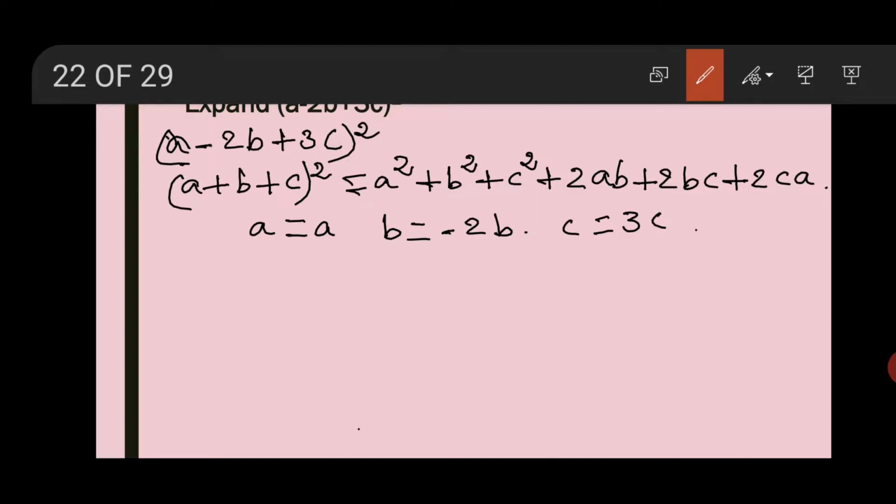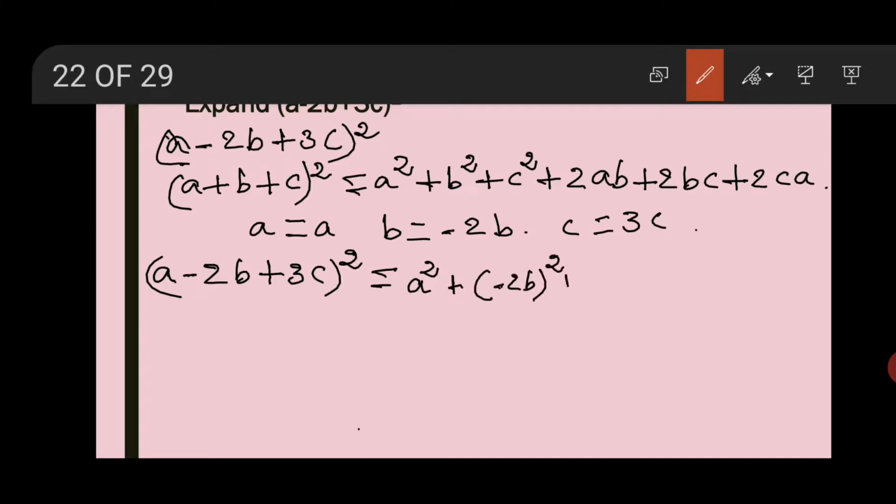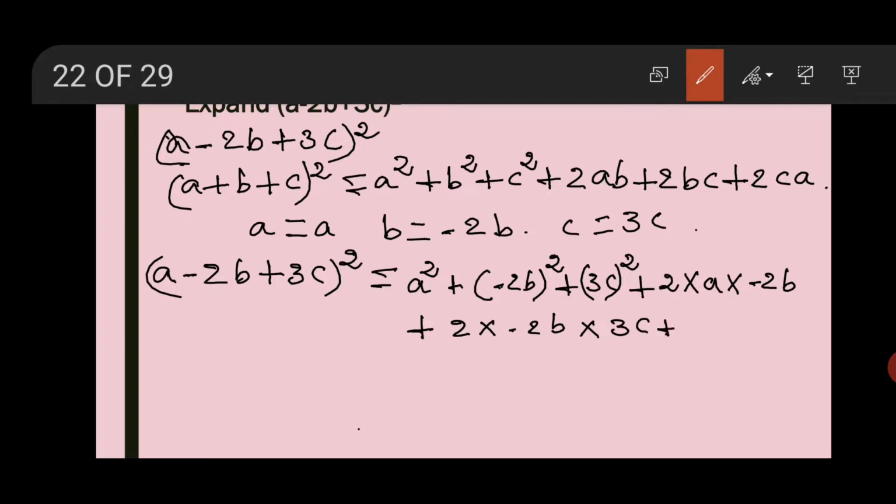Now substitute the values of a, b and c in the given polynomial. (a - 2b + 3c) whole square is equal to a square plus (minus 2b) square plus (3c) square plus 2ab, 2 into the value of a into the value of b, plus 2bc, 2 into the value of b into the value of c, plus 2ca, 2 into c value into a value.